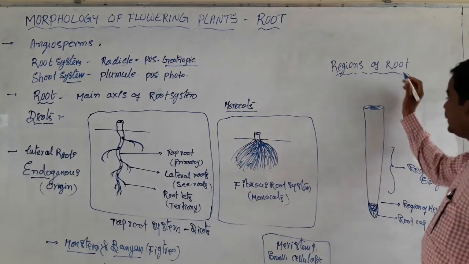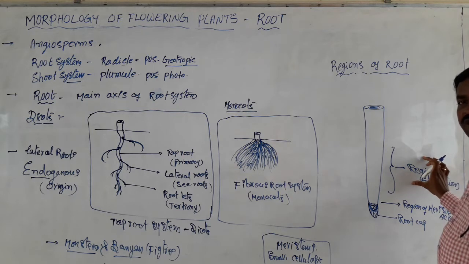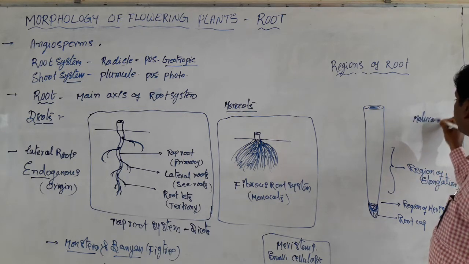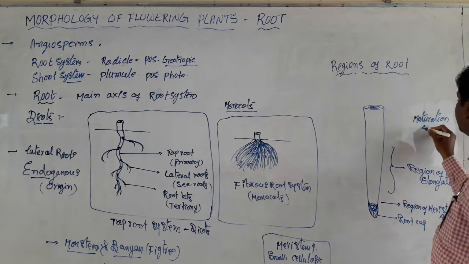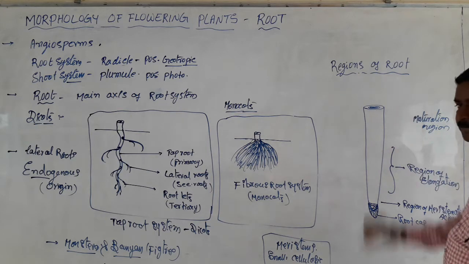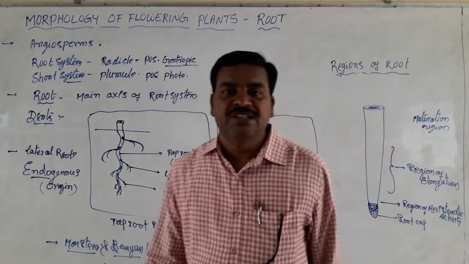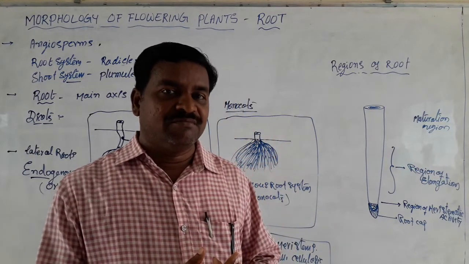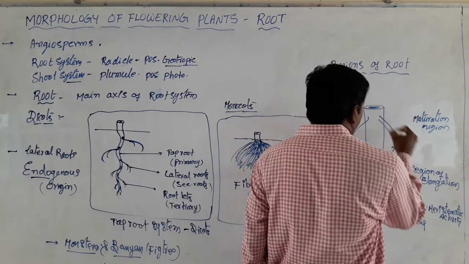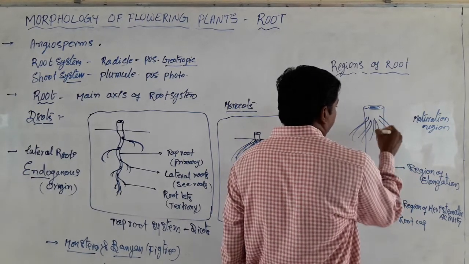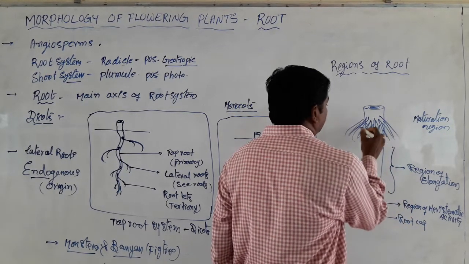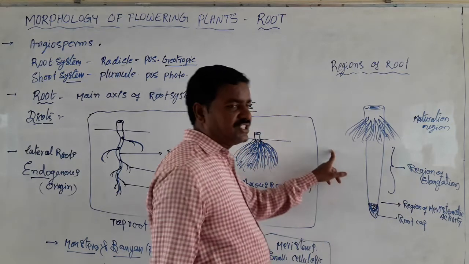Similarly, the region proximal to the region of elongation is considered the maturation region. This maturation region is represented by cells which are highly mature. This region also has a number of unicellular tubular extensions.